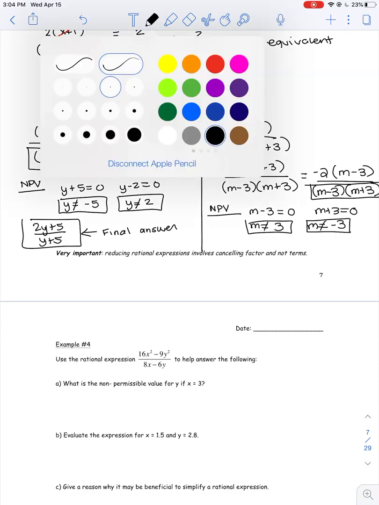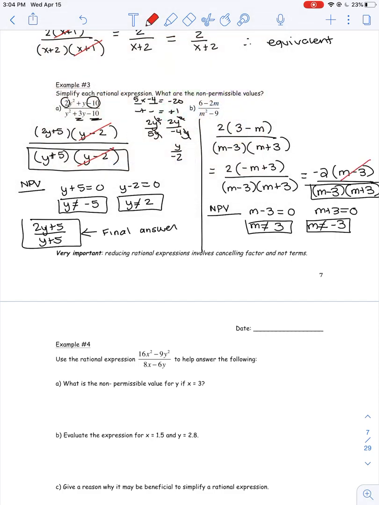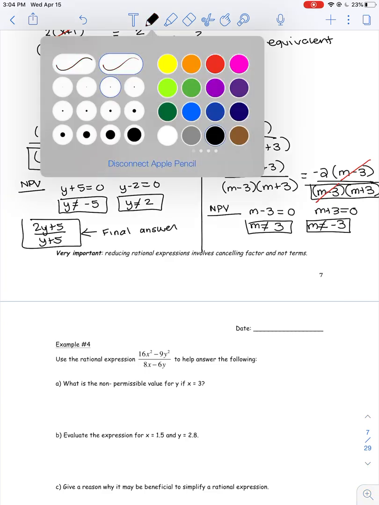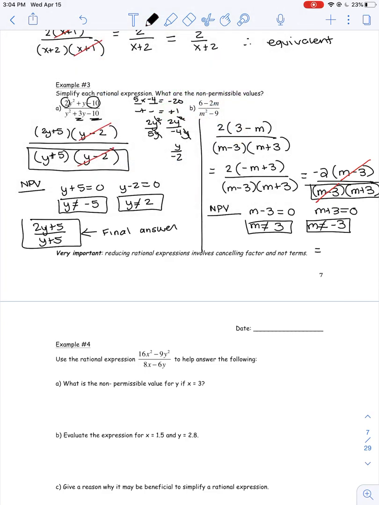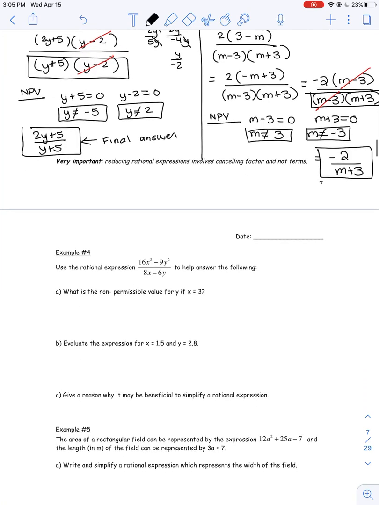Those are our two non-permissible values. Now I go back and cross off these same factors, leaving me with a final simplified answer of negative 2 at the top over m plus 3 at the bottom. So that's my final answer with the non-permissible values of 3 and negative 3.